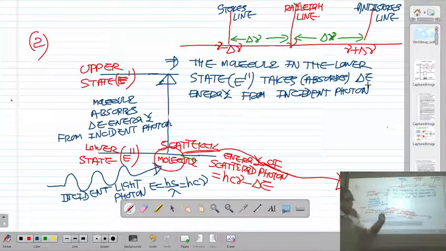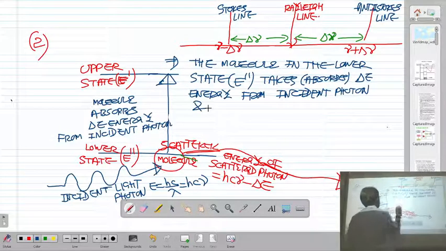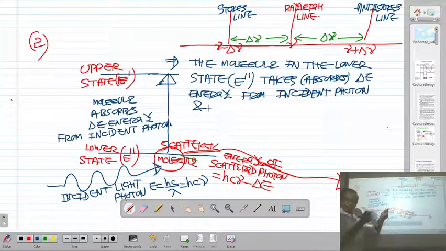You can see the scattering molecule initially in the lower state E double dash absorbs ΔE energy from the incident light photon. Okay? The scattering molecule initially in the lower energy state E double dash absorbs ΔE energy from the incident photon, and after absorbing ΔE energy from the incident photon, it goes from lower state to upper state.